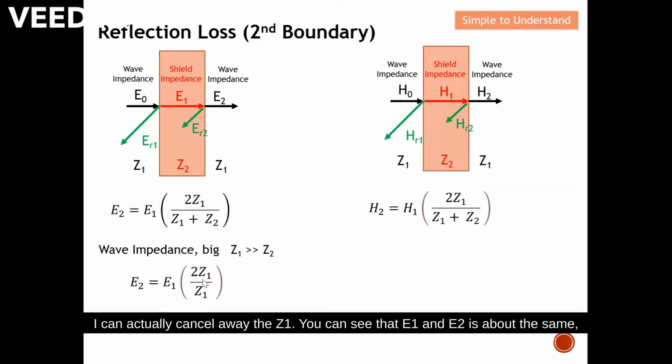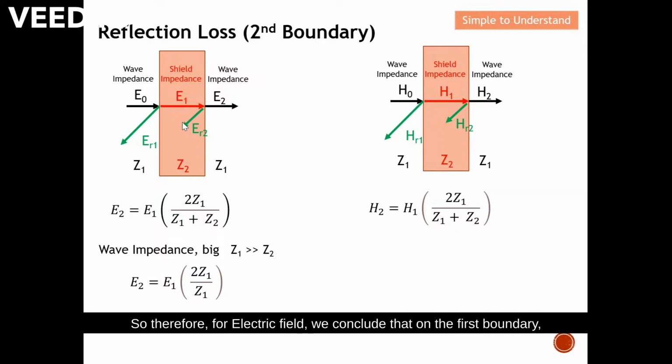I can cancel away the Z1. You can see that E1 and E2 are about the same, which means that most of the incident wave of E1 will be able to successfully penetrate through the second boundary, which means that very little amount of wave will be reflected back.